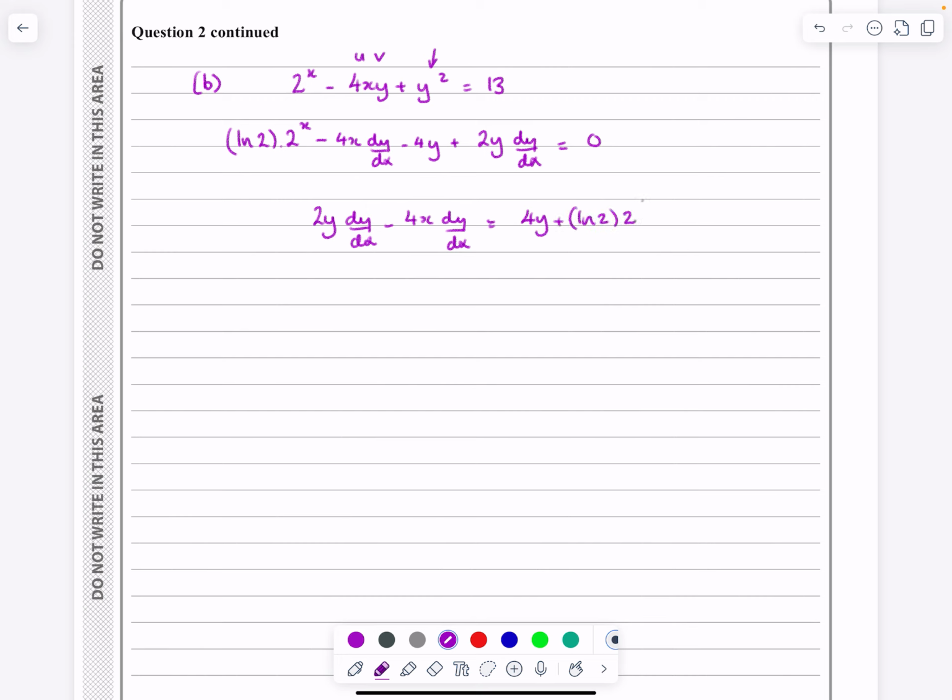The whole point about doing that was I can now factorize and take dy by dx out as a factor. So I get 2y minus 4x there. And then the last step is just to divide. So that I just end up with dy by dx equal to 4y minus log 2 times 2 to the x, all over 2y minus 4x.